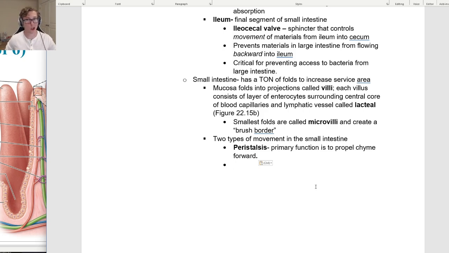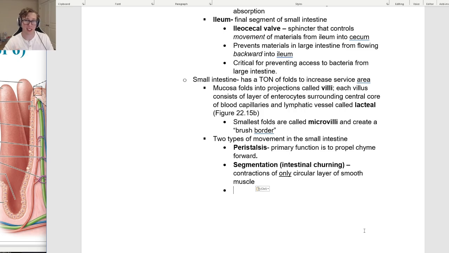The stomach also had churning, which was essentially the spin cycle, which was trying to slosh it all around. And you have it in the small intestine to move it through the small intestine. However, you also have something called segmentation, which is intestinal churning. These are the contractions of the smooth muscle. And think about it that it's essentially squeezing that chyme, trying to get it to touch as much of the small intestine as possible.